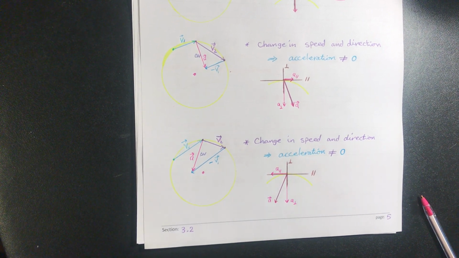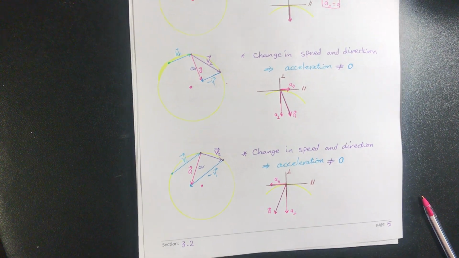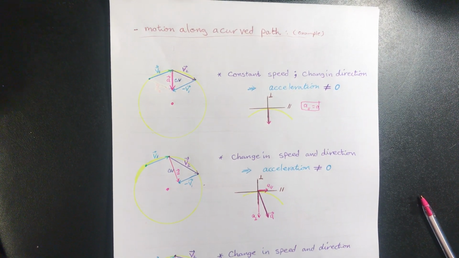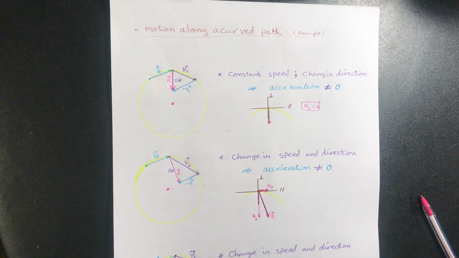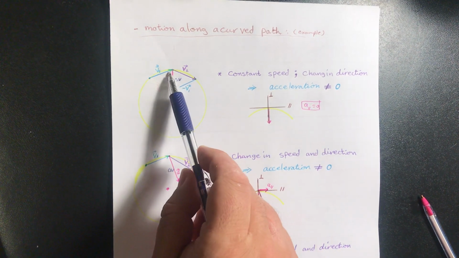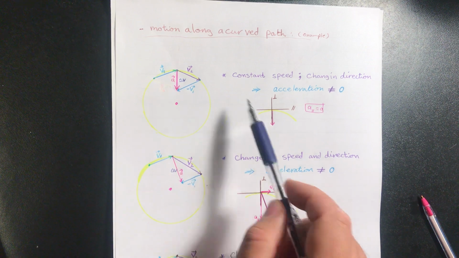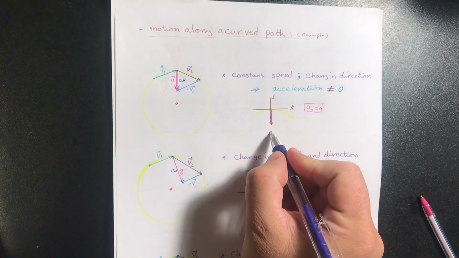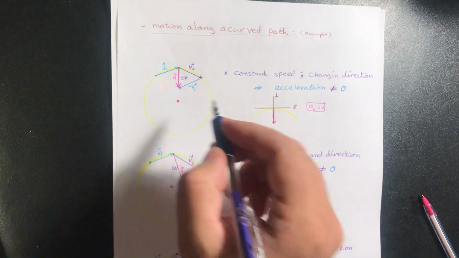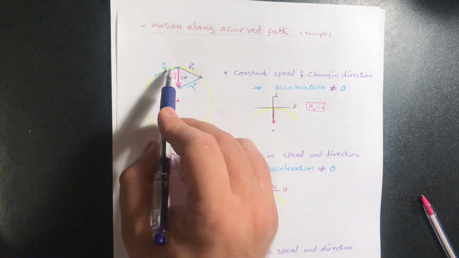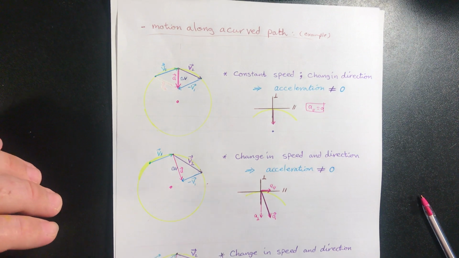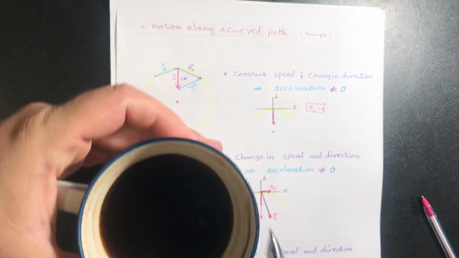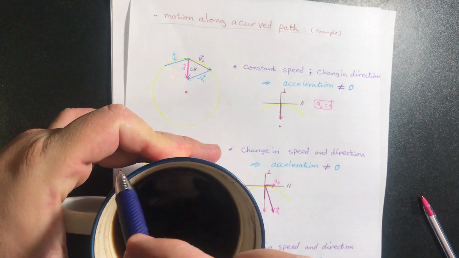In this case, we need to understand a new definition for acceleration, or components of the acceleration. Look at this part of motion. We know that the center of rotation is in this direction, and the body moves, rotates on the surface of that circle. Okay?